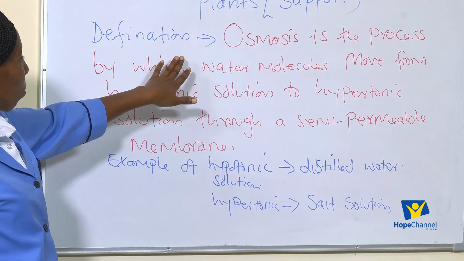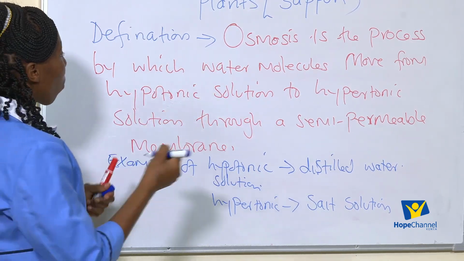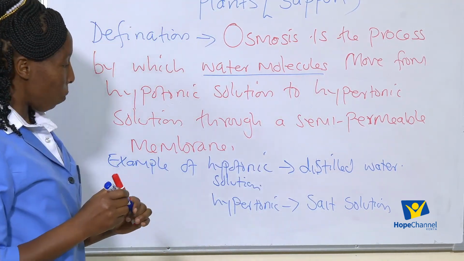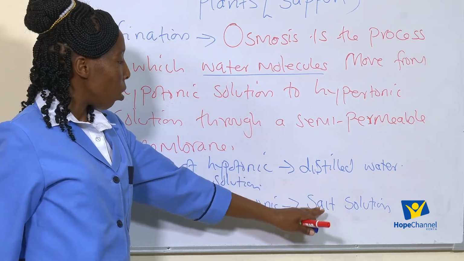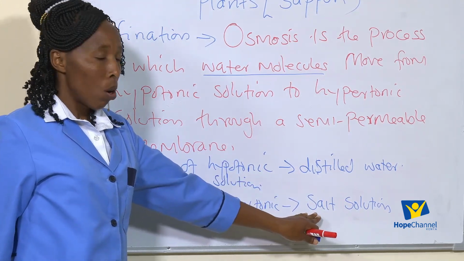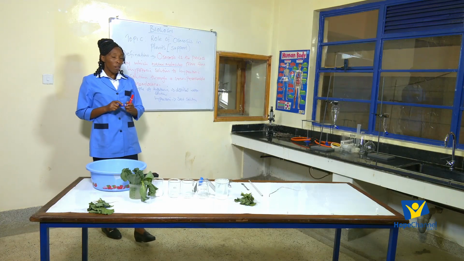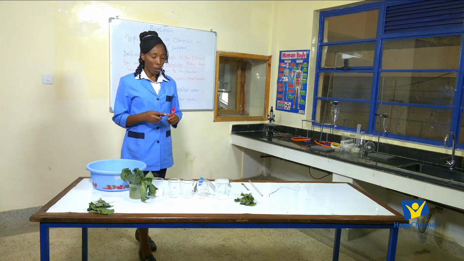So we talk about osmosis as the process whereby water molecules move from a region where you have a higher water concentration to a region where you have a low water concentration. And basically, osmosis is the reason or the role behind the support that we have in plants.